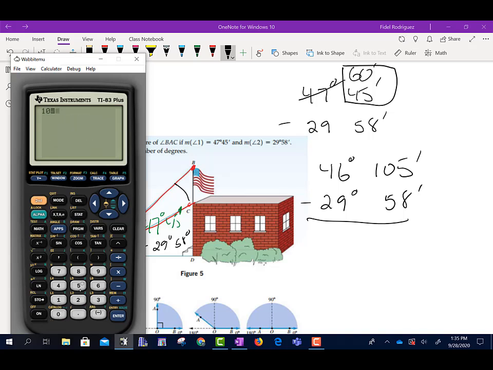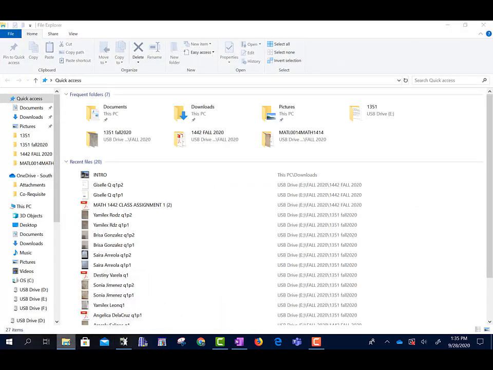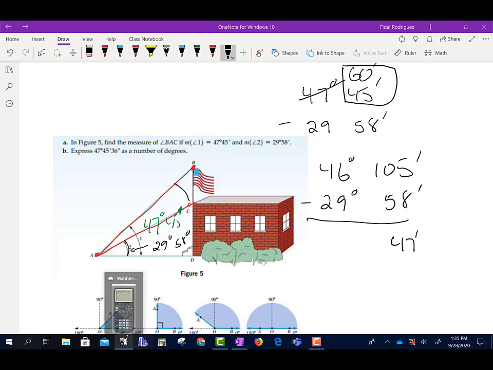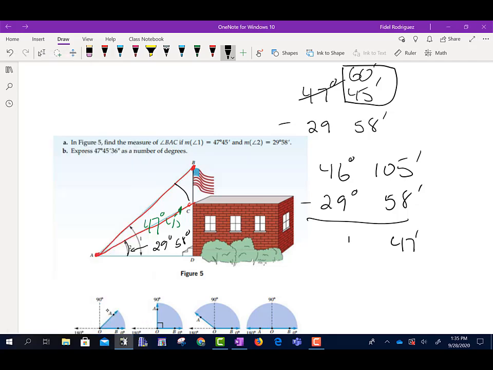Okay, so let's go 105 minus 58. This is going to give me 47 minutes. Oops, that's not what I wanted. Sorry about that, guys. And then I want 46 minus 29. And that's giving me 17 degrees. So 17 degrees, 47 minutes. Okay, so again, why did I have to borrow? Because I can't take away 58 when I only got 45, right? So that's why I have to borrow.